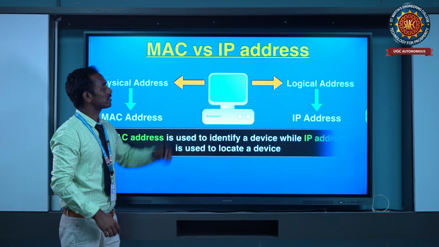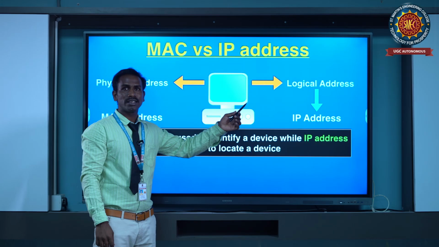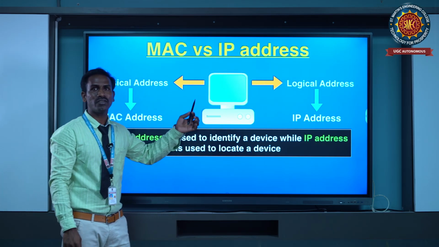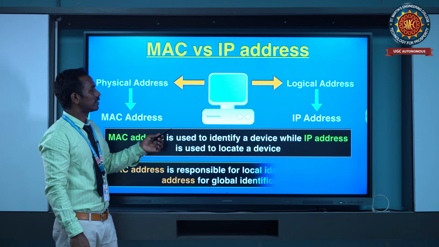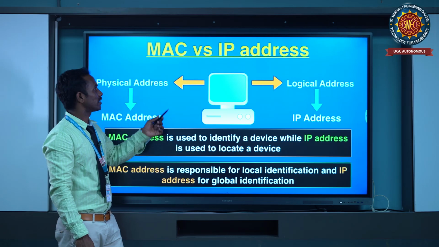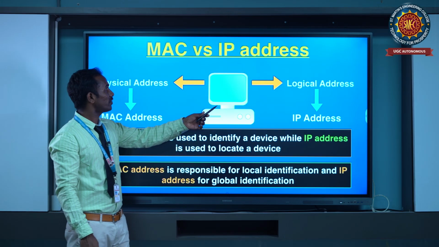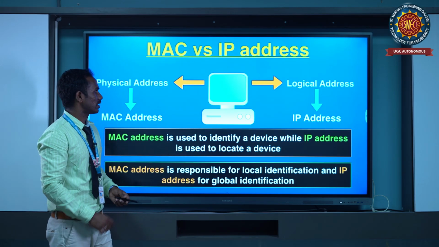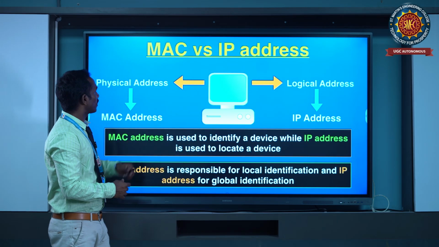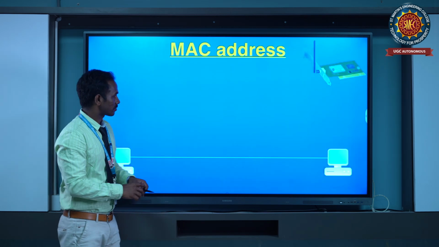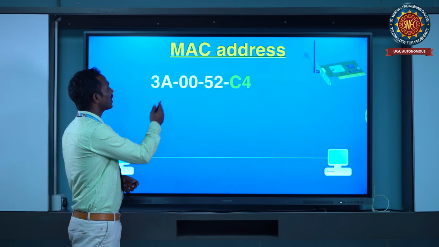So what is the MAC address and the IP address? The IP address is used to find the location of the network, and the MAC address finds the location of the network devices. So for example, this is the MAC address.